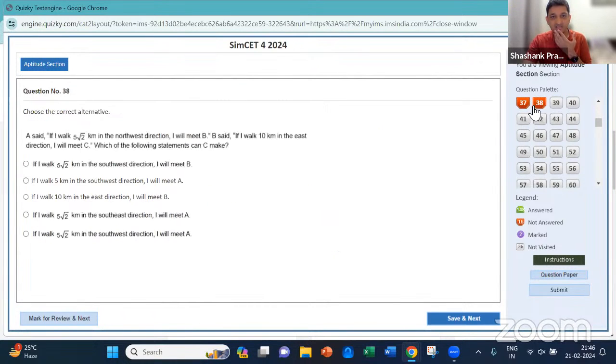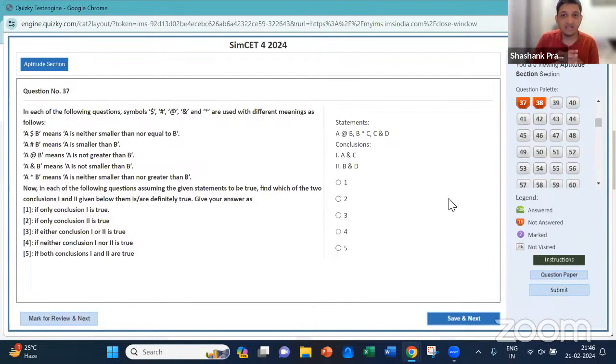How many of these are there? So there is only one more. So let's see. A at the rate B is B is greater than or equal to A. B is equal to C. B and C are greater than or equal to A. And both are greater than or equal to D. So B and C are both greater than or equal to D and greater than or equal to A. No, A and C will not be there.